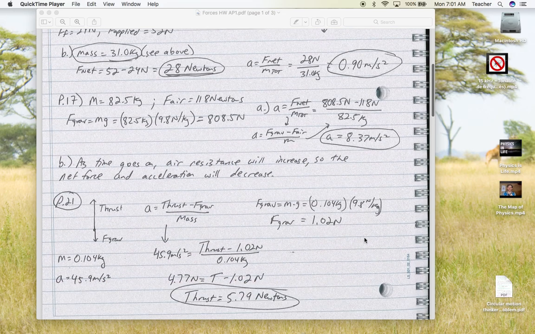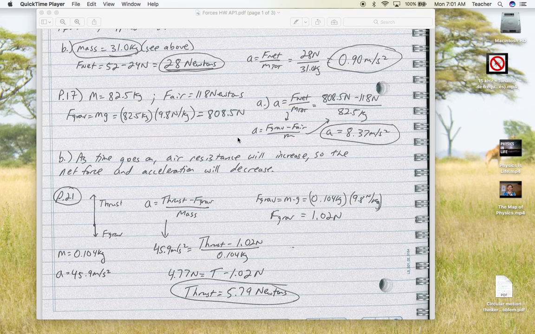For number 17, this case was asking about air resistance. And so you have someone of mass 82.5 kilograms with a resistive force of 118 newtons. And you need to figure out the acceleration at that instant.